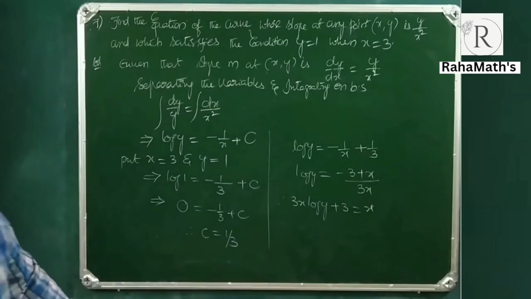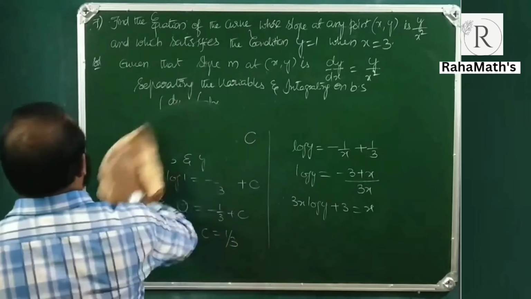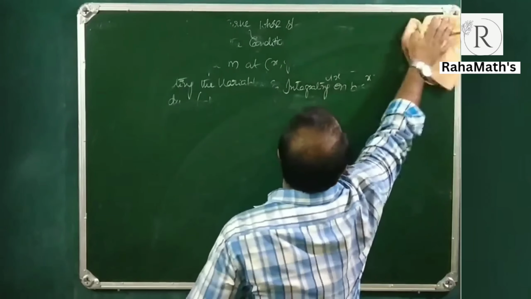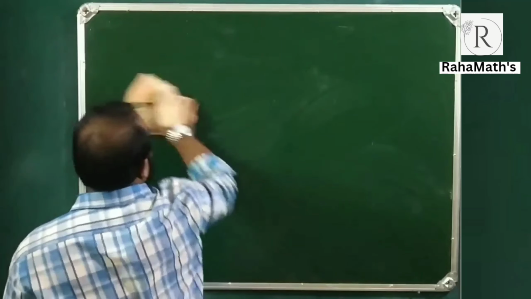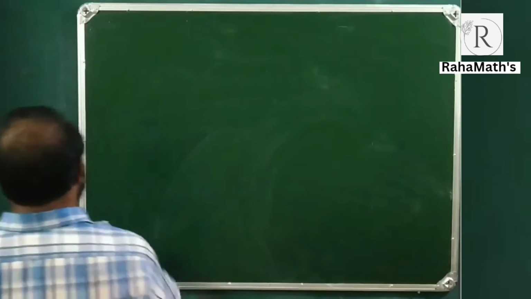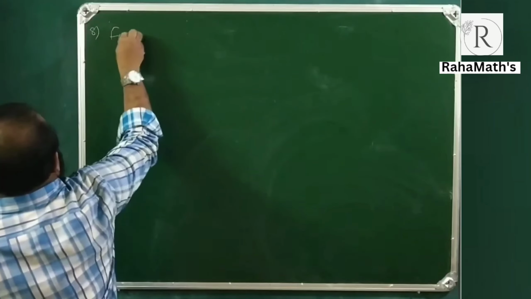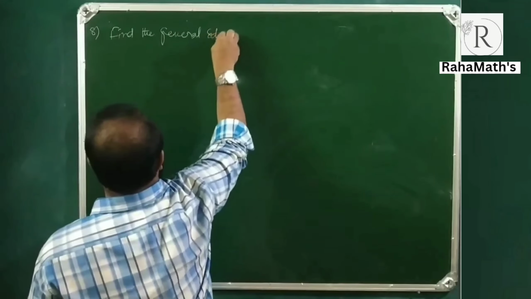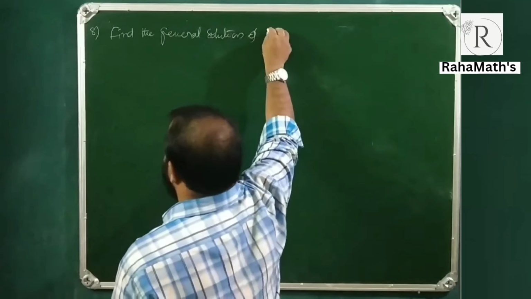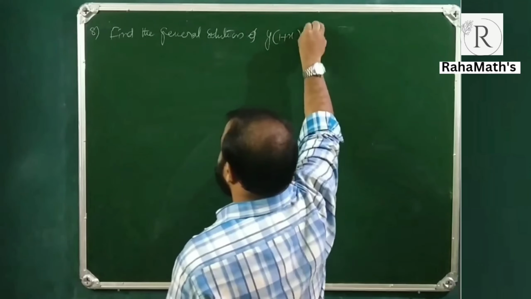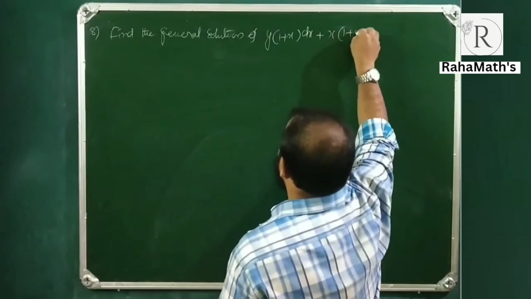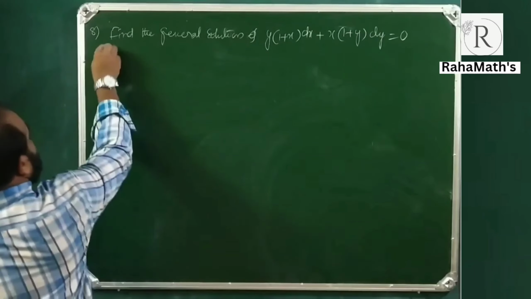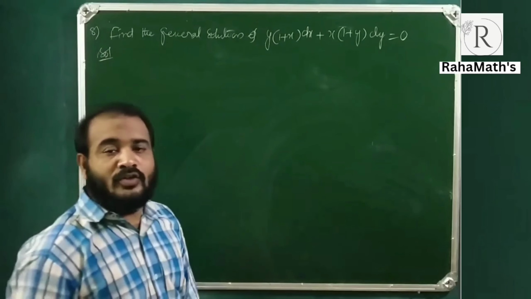So now let us do the next question. Find the general solution of y into 1 plus x dx plus x into 1 plus y dy equals to 0. First, let us separate the variables on both the sides.